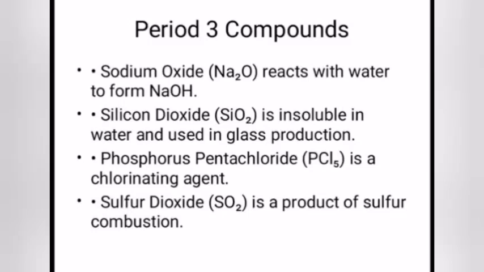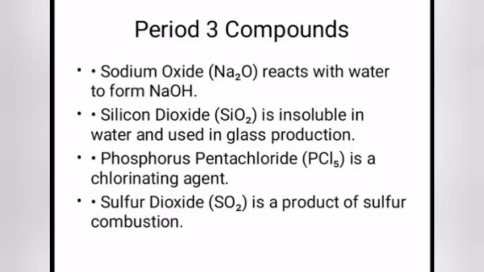Then the fourth one is sulfur dioxide. This one is gotten from the combustion of sulfur. When you burn pure sulfur in air, it forms sulfur dioxide. I think this compound is used in the production of what they call the workhorse, H2SO4.